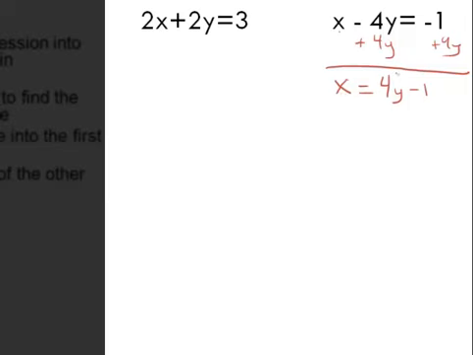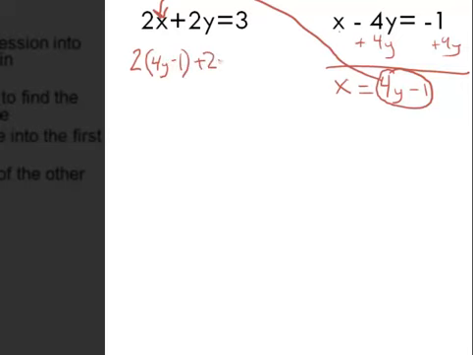Step 2 now, the substitution step. I'll put a circle around this expression and draw it in over here for x. That gives me 2 groups of 4y minus 1 plus 2y's is equal to 3.